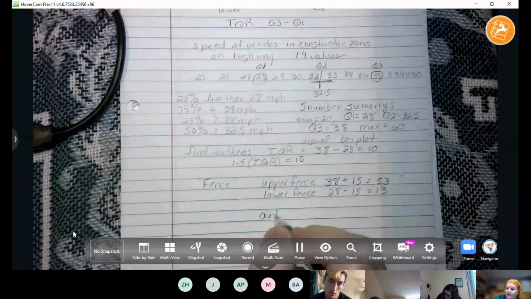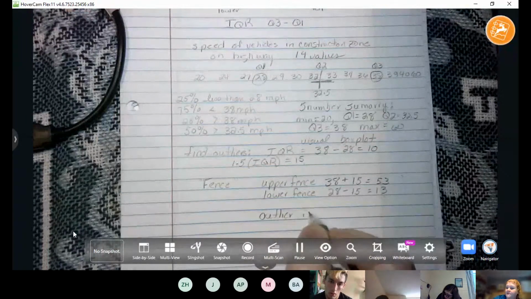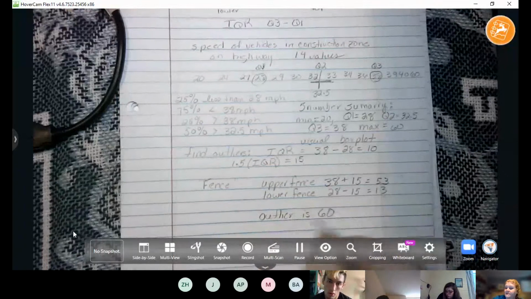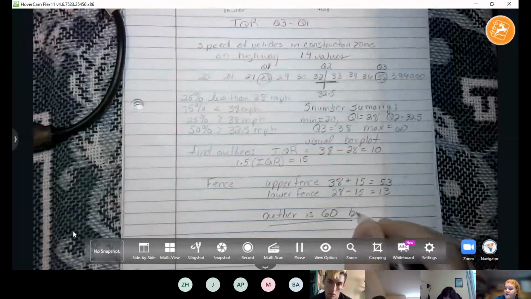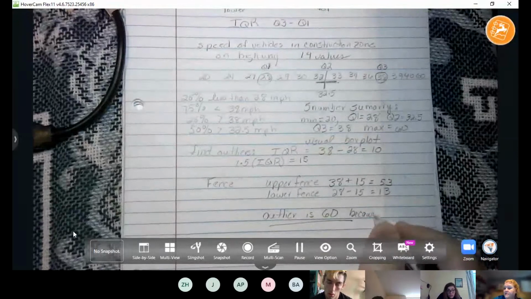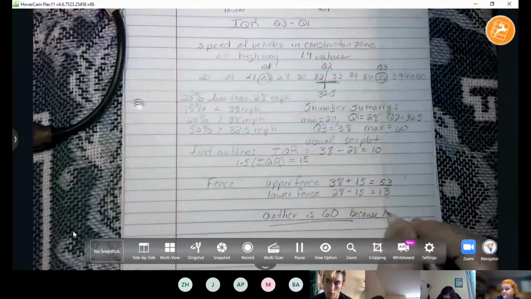So we have an outlier that is 60, because it is beyond the fence.